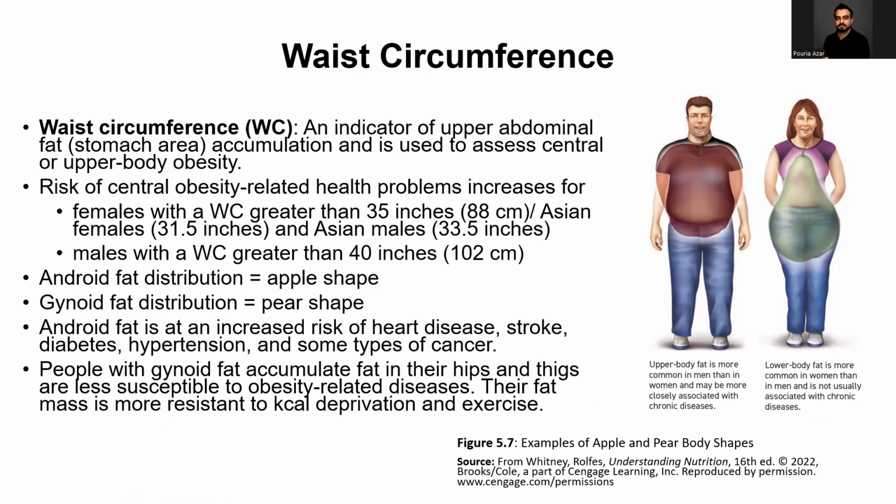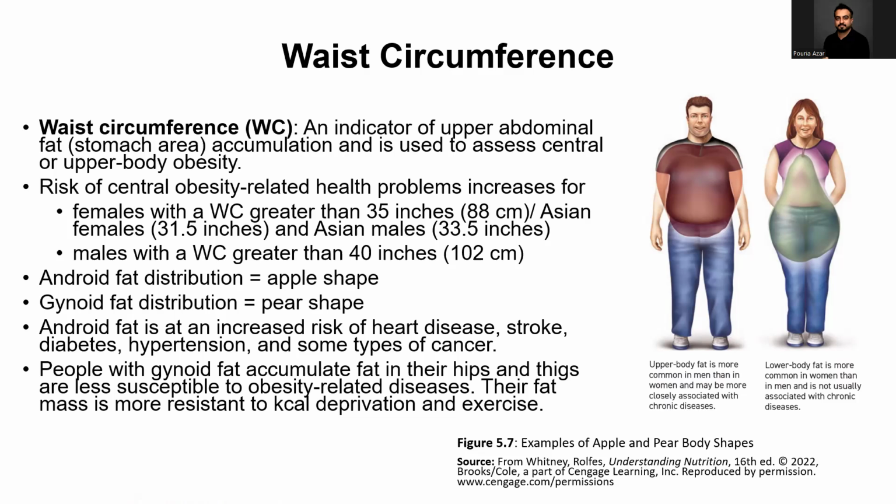And the cutoff values for waist circumference in females is greater than 35 inches, and in males it's greater than 40 inches. And here we have cutoff points for Asian males and females. Regarding waist circumference, there are two types of fat distribution.